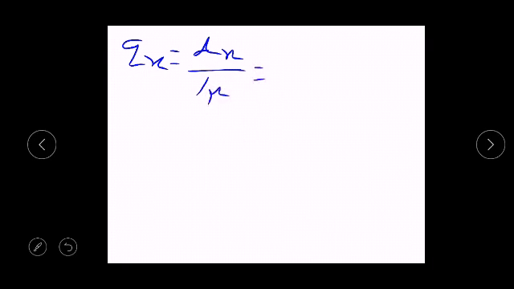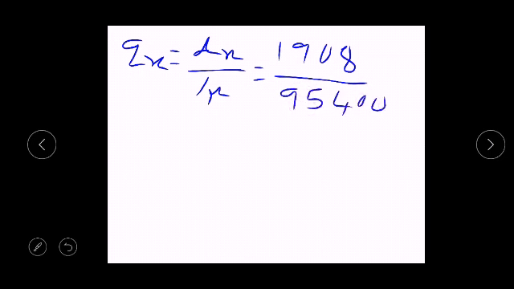So dx is 1908 divided by Lx, so Lx is 95,400. So Qx is equal to 0.02. So Qx, that is the mortality ratio, is 0.02.